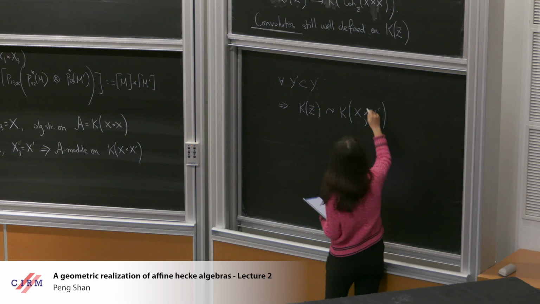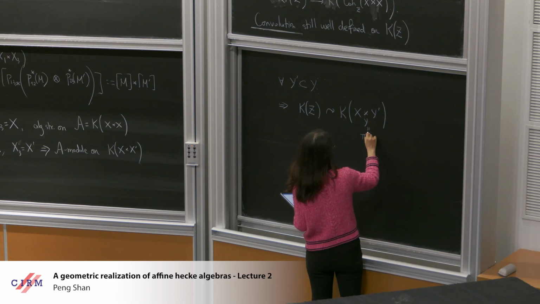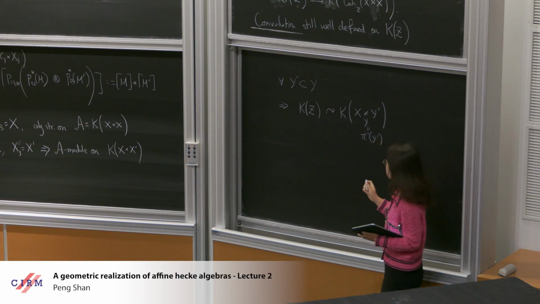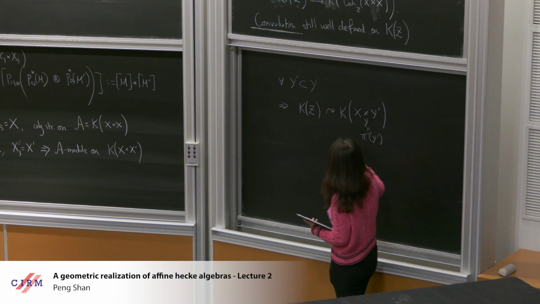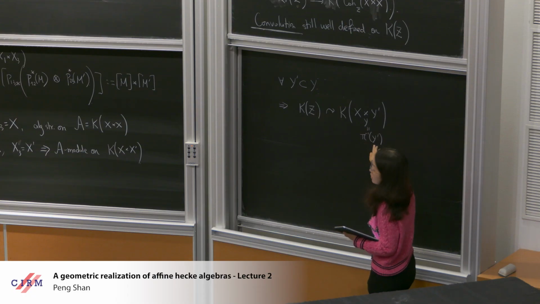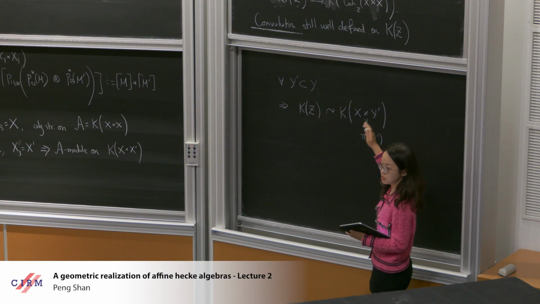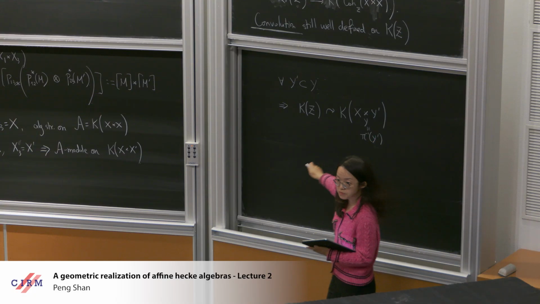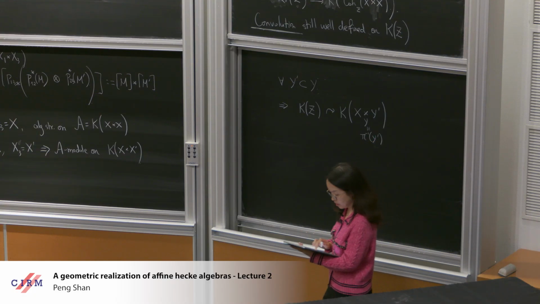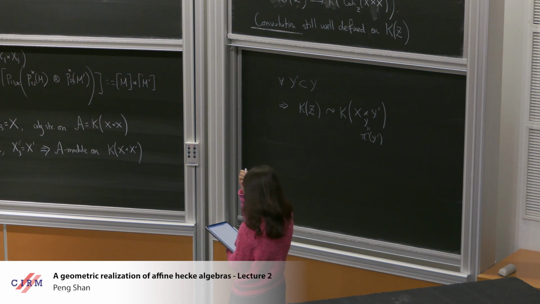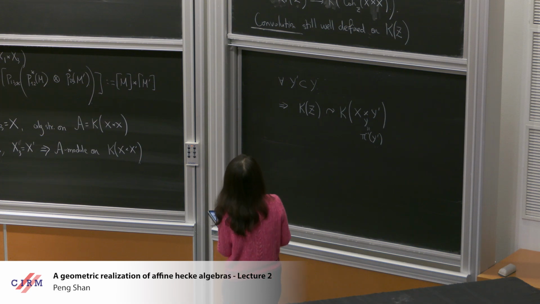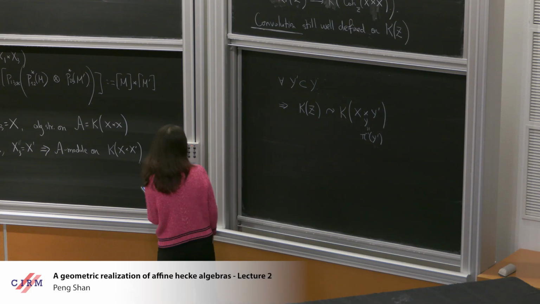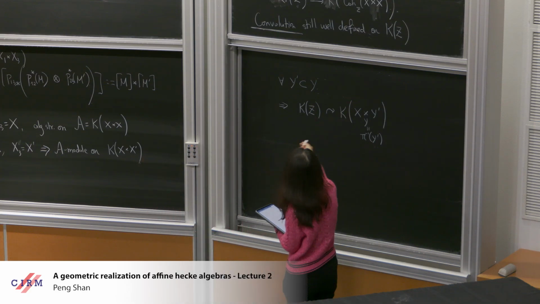Okay, and so this is just the pre-image of y prime. So you get naturally modules for these algebras by taking the K-theory of the pre-image of some subvarieties in y. Okay. And then, as I said, you can add G equivariance everywhere and consider an equivariant version of this construction.